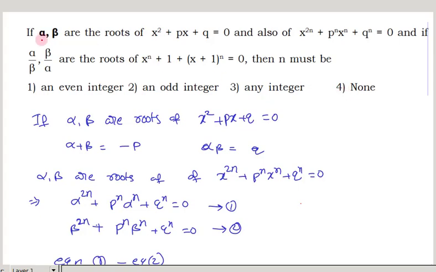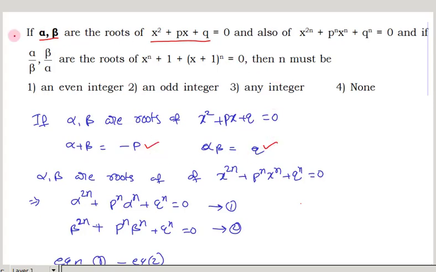As I mentioned, alpha and beta are roots of this quadratic equation, then the sum of the roots alpha plus beta is minus p, and the product of the roots alpha into beta is q.